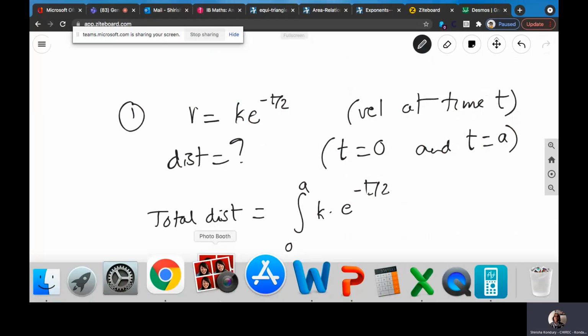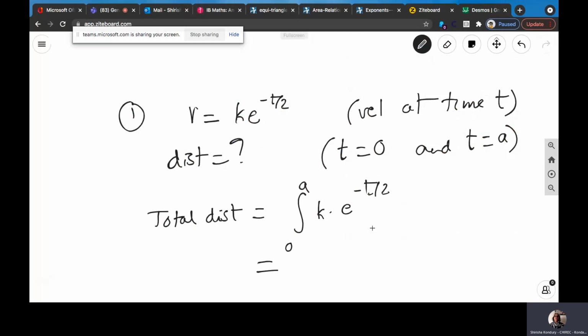Right? So the total distance here is simply integrating. We know e raised to minus t by 2 integrates to 1 by minus half times e raised to minus t by 2, from 0 till a.